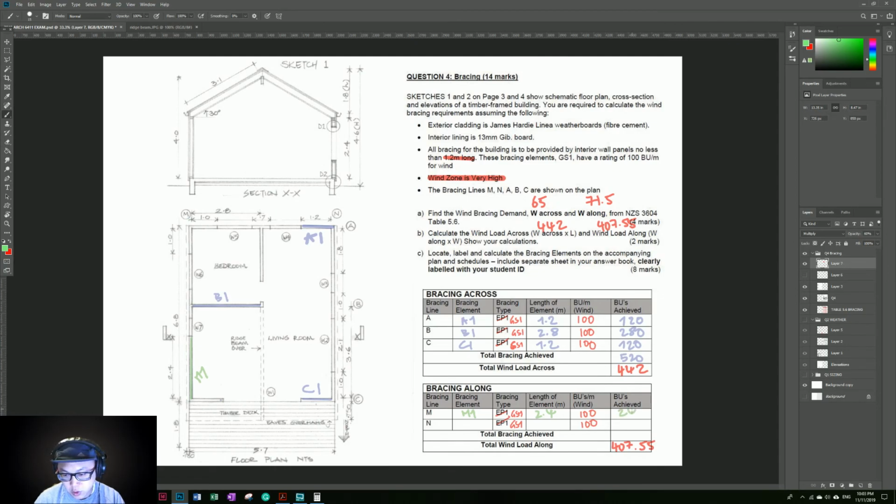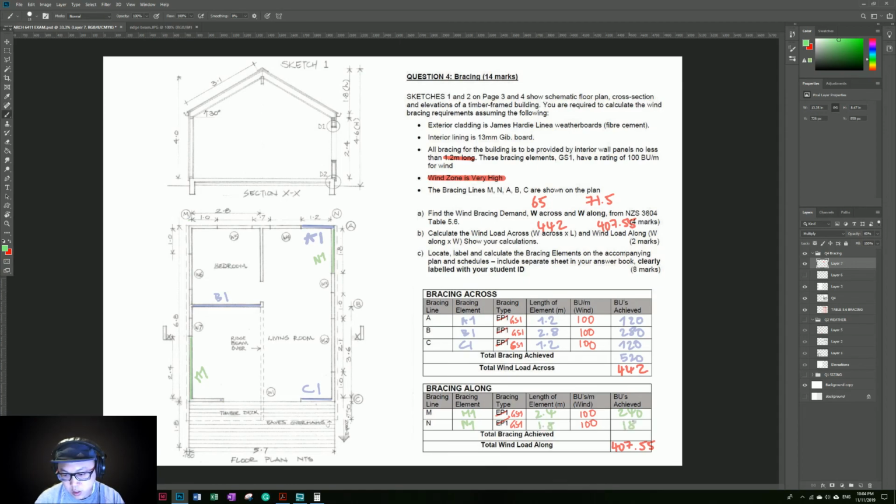So the BU is going to be 240, multiplied by 100. And so it's this line here, we get a window there, a window here. This wall is 1 meter, this wall is 1 meter, and so the only place where you can have a bracing is here. It's 1.8. So it's going to be N1, 1.8.